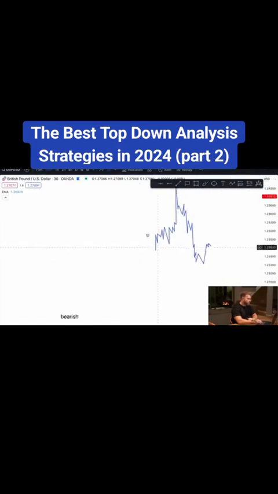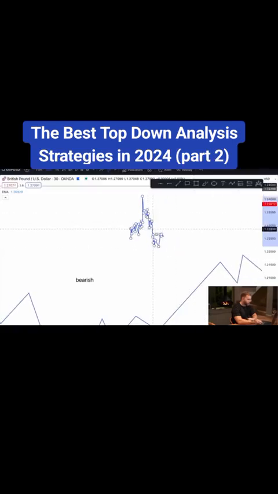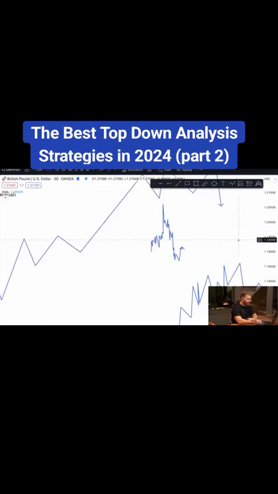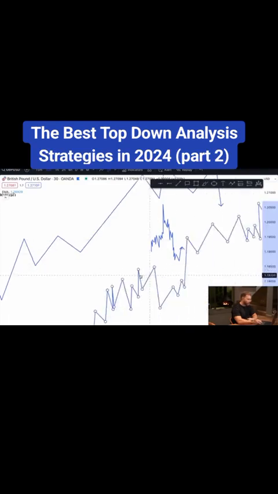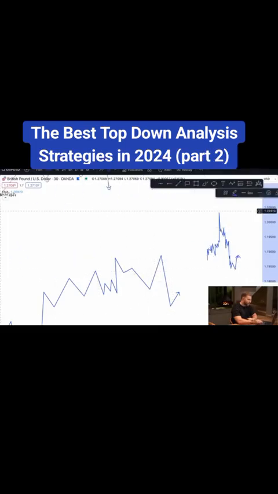So I'm just pretty much dragging this all the way back to our 4 hour section, which is going to be right around over here. So what I have done right here is I've literally brought in this zoomed in section of the entry area of GBP USD on the 30 minutes from the 4 hours. So this is the 4 hour time frame. Now this is what it looks like on the 30-minute time frame.